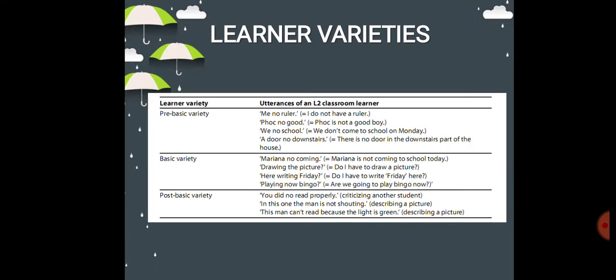I think it can divide the learner varieties of the student.